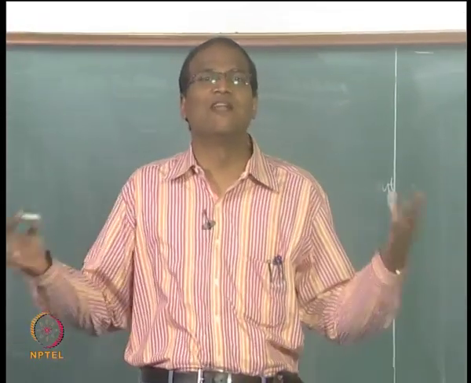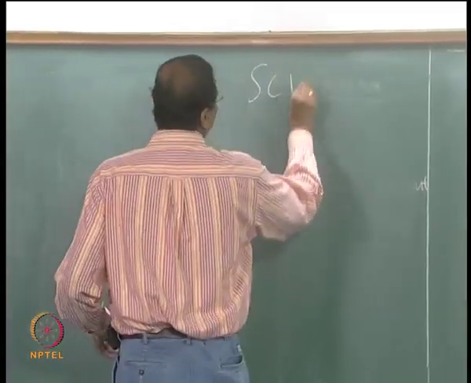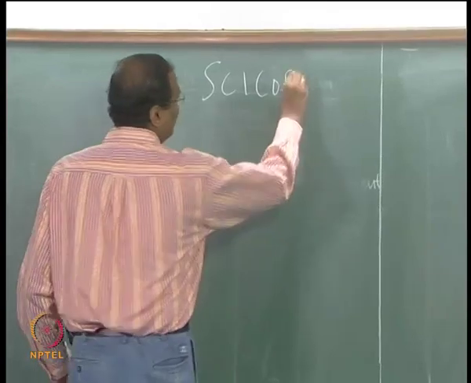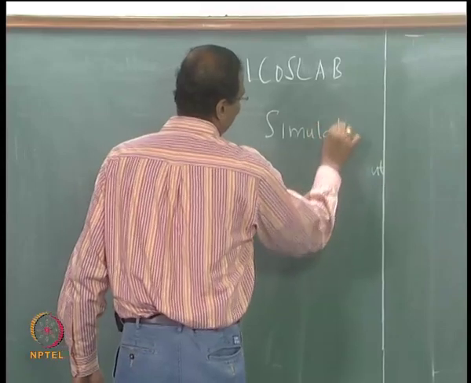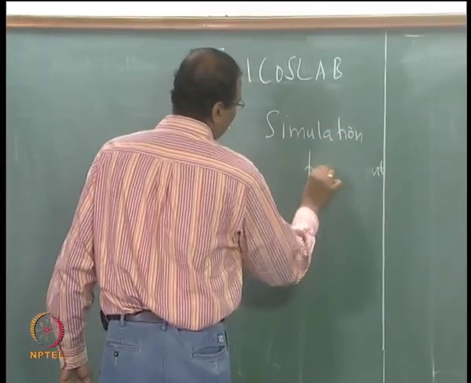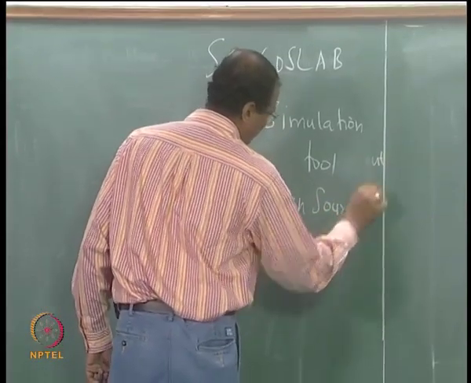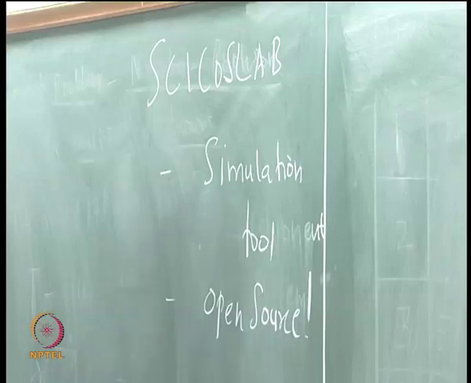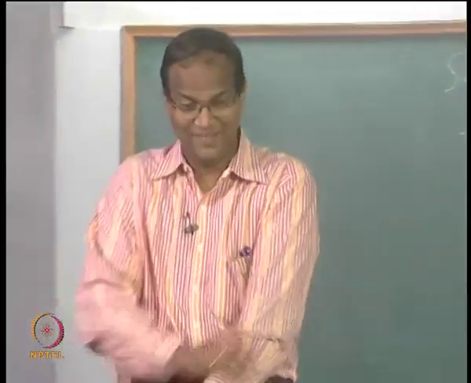Somebody should stand up and spell it out. Okay. So, please make a note of this. If you are doing your projects, if you are a protagonist of open source, you can use this. Otherwise, you will use an illegal version.